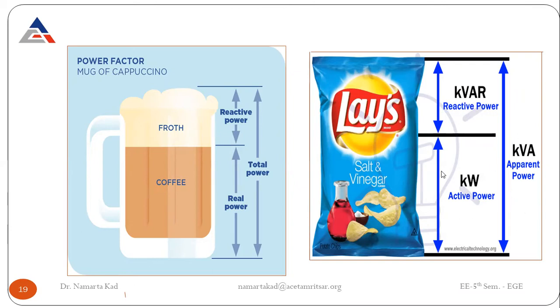So the useful power available to us is the active power, and the total of active and reactive is the apparent power. The unit for active power is kilowatts, for reactive power kVAR, and for apparent power kVA.